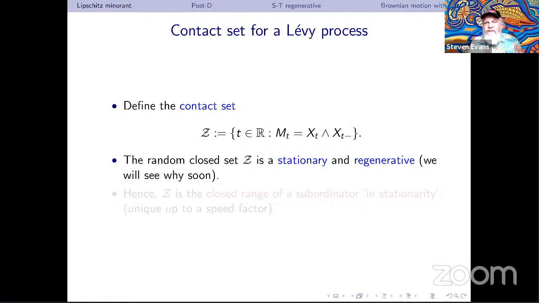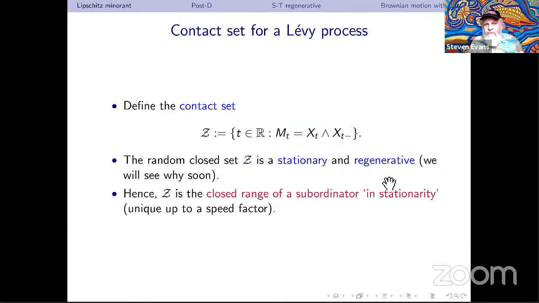It means that if you have a stopping time that takes values in Z, then looking at the future of Z from that stopping time onwards is independent of the past, with a law that doesn't depend on where we stopped.